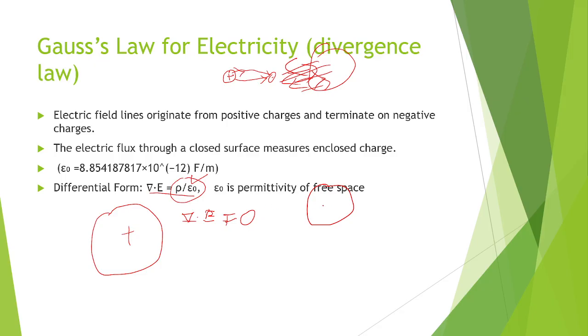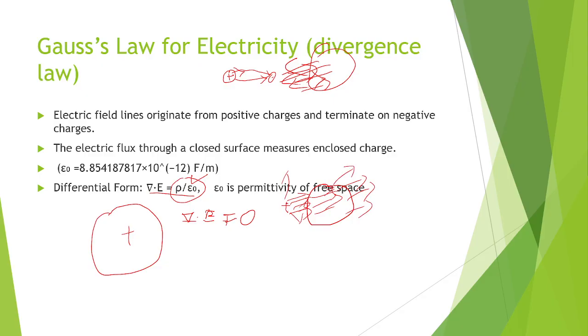That means if here is the charge, let's say a plus charge, it will have a field originating from it on all sides, but the lines enter the closed surface and leave the closed surface in the same number.